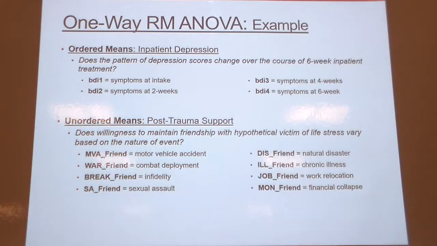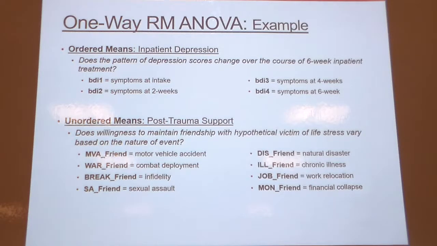This starts to have an impact on how we run some follow-up tests, on whether or not your means across time have some specific order to them that's logical and meaningful, or if they don't. If it's just, I could flip time 1, 2, 3, 4 all around, it doesn't actually matter at all, okay?